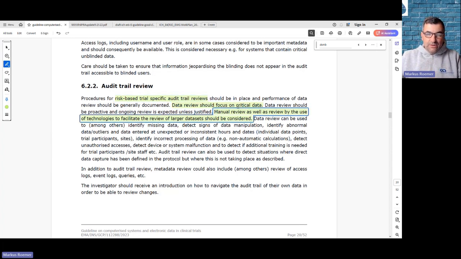Data review should focus on critical data. So we must define what the critical data is before we start a study. Manual review, as well as review by the use of technology to facilitate the review of large data sets, should be considered. I'm not a big fan of manual reviews.